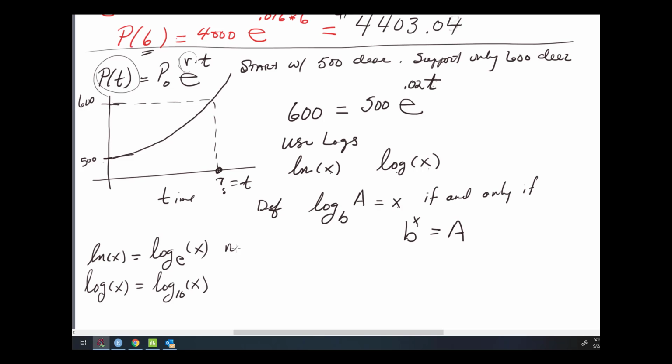This is called a natural logarithm, and this is called a common logarithm.